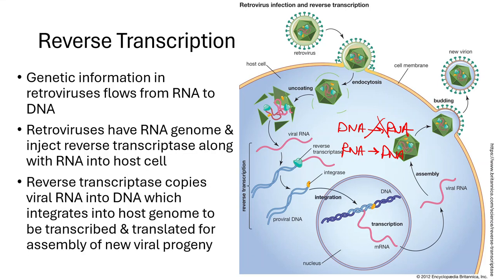That DNA copy of the viral genome then gets integrated into the host cell's DNA, and that allows the virus to basically replicate, to direct the host cell's machinery to start making new viruses. So a very common focus of therapy for some of these RNA viruses, these retroviruses, is to try and target reverse transcriptase, since it's not really an enzyme that eukaryotic cells like ours tend to make naturally.